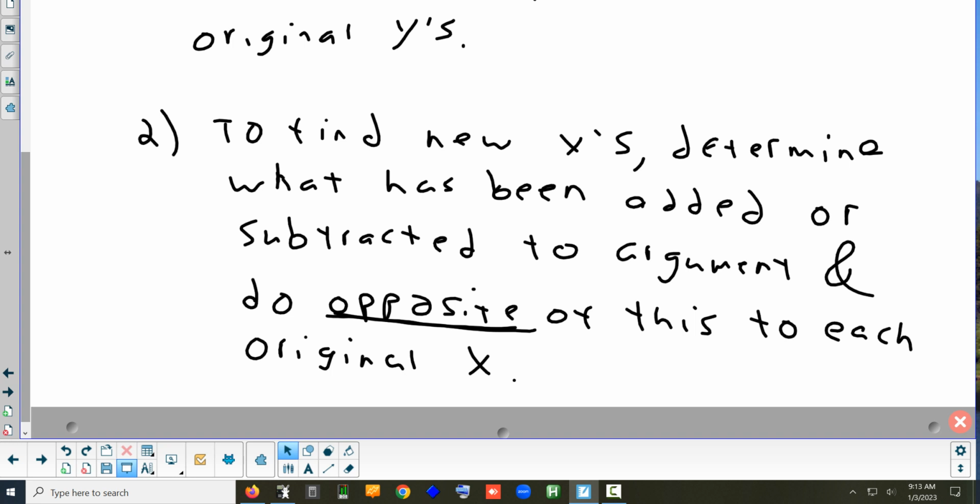So you look at your problem. Look at what's been added or subtracted inside the parentheses. That's called the argument. And then do the opposite. So we're going to study 4 transformations. 2 of them do the opposite. 2 of them don't.